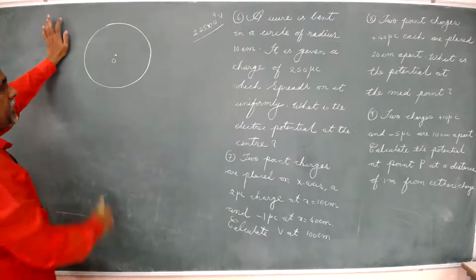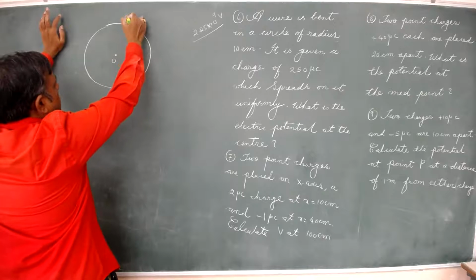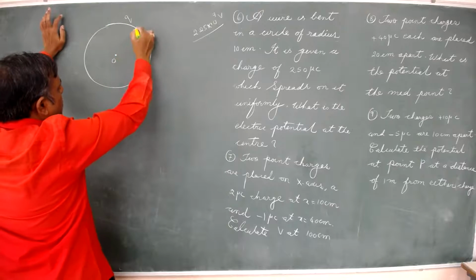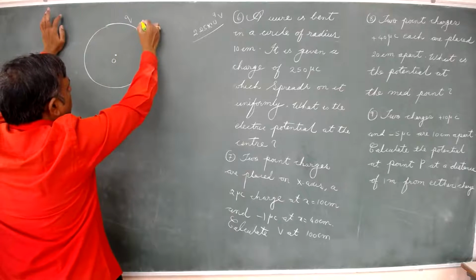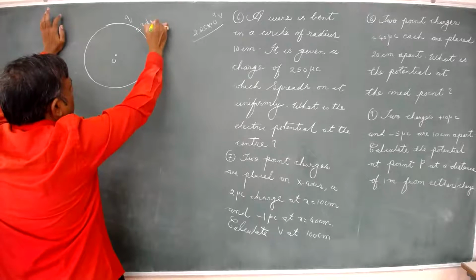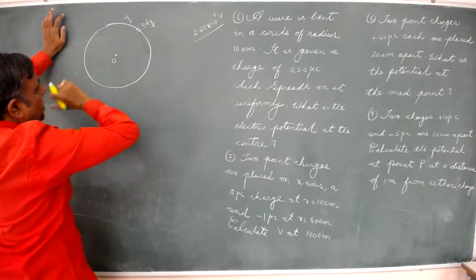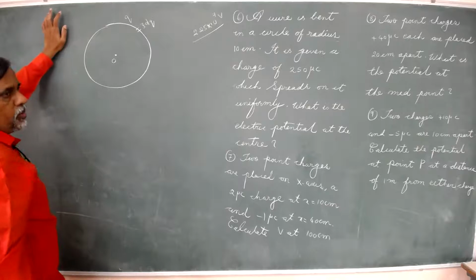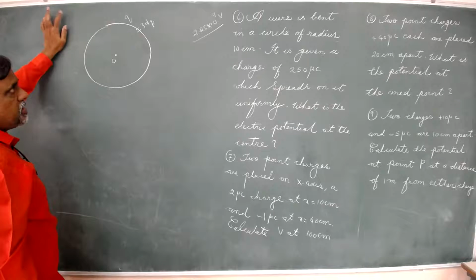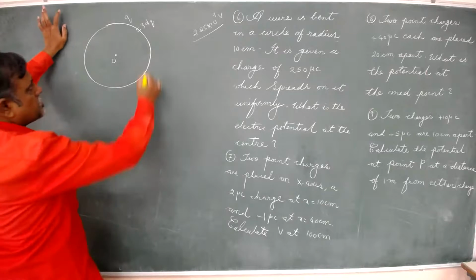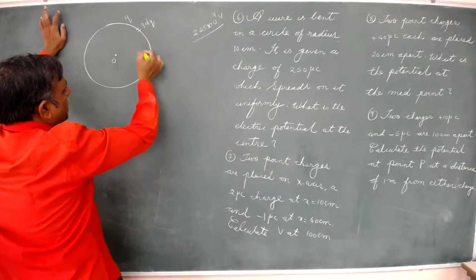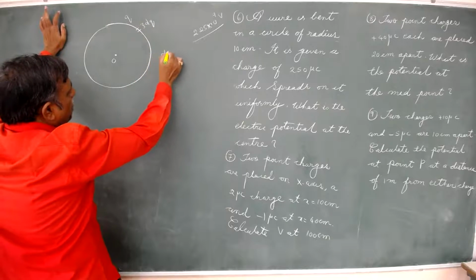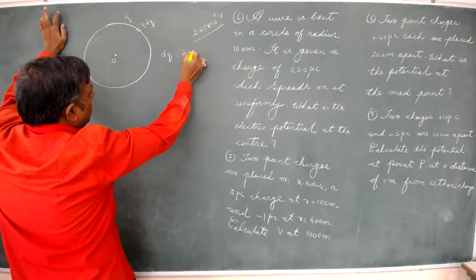Now the total charge, there is a Q you say, but how much charge? So look at this, for the purpose of a small elemental length over here, I will take the elemental charge dq. So dq will be lambda into dl.